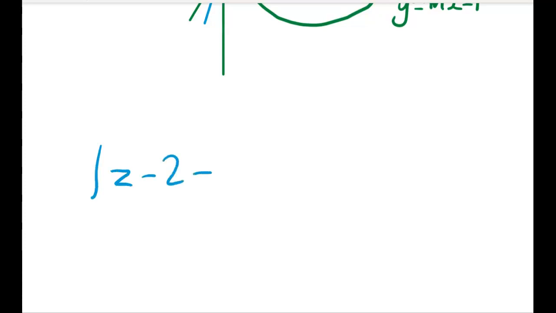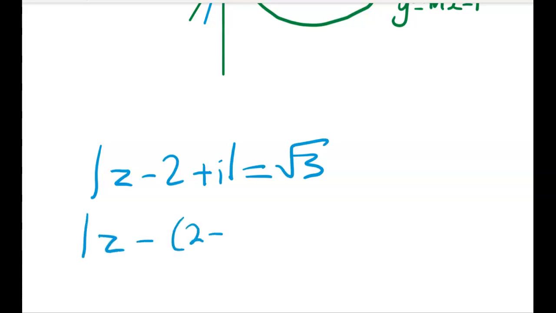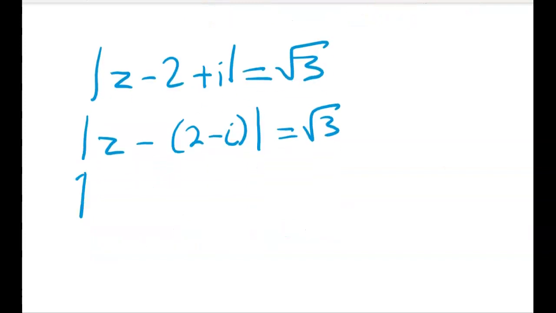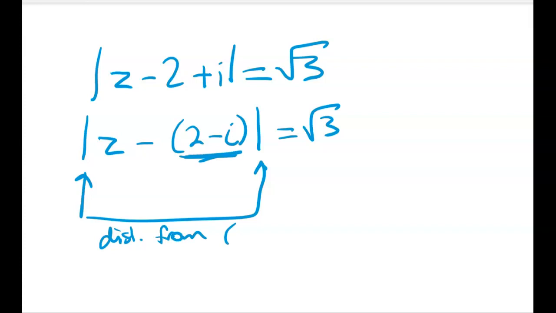So here we've got z minus 2 plus i is equal to the square root of 3. So if you regroup that slightly and write it as z minus 2 minus i is equal to root 3, and remember that this means the distance from this, the distance from 2, negative 1, and the point has to always be this.